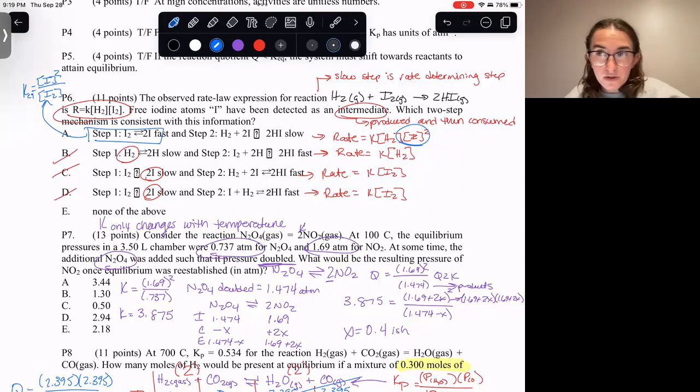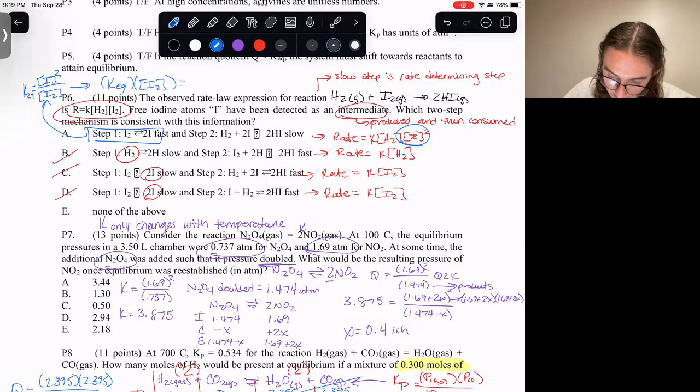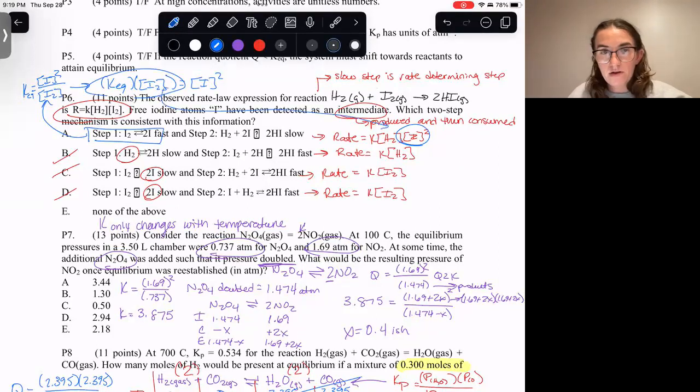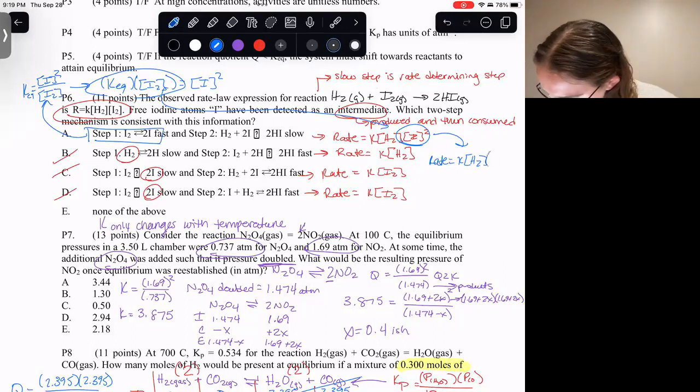We can solve for I squared, and we can say that KEQ times I2 is equal to the concentration of I squared. Now we can plug this in here. So we get rate is equal to K times H2 times KEQ times I2.